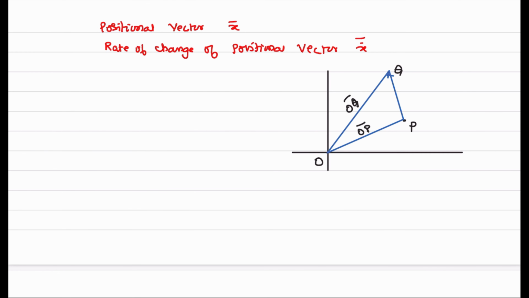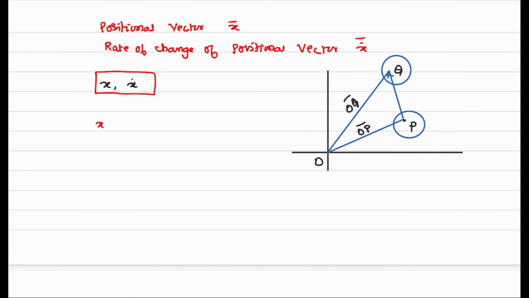Then the rate of change of that position is also to be studied to know clearly about P and also about Q. Hence, if it is one dimensional, then we have to study x and also x dot to understand the equations of motion.